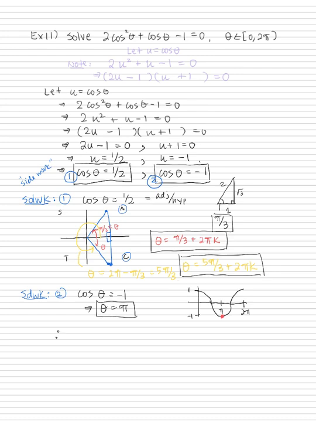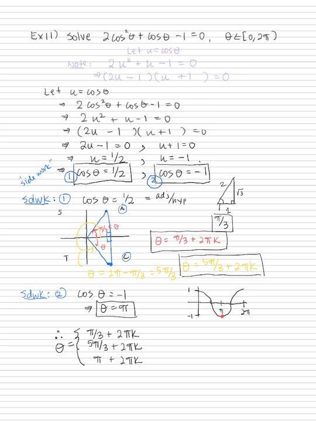So therefore, our solution set is going to be pi over 3 plus 2 pi k, 5 pi over 3 plus 2 pi k, and also pi plus 2 pi k. So this is our theta.